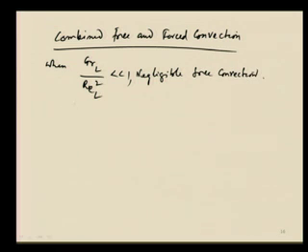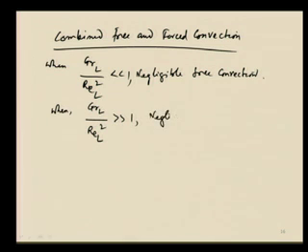If Grashof L by Reynolds square is very small, less than 1, then we can call it negligible free convection. And when Grashof L by Reynolds square is much greater than 1, then we can say negligible forced convection, because the effect of the Grashof number is much more compared to the Reynolds number case.